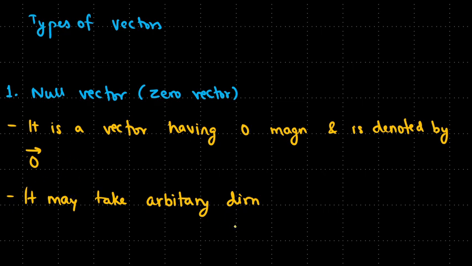Also, where does this vector actually occur? We talked about that this has an arbitrary direction and zero magnitude, but there might be very few cases where you think this vector might be useful. So let's talk about why this vector arrives. This vector comes up when we do subtraction. It's a special case of subtraction.